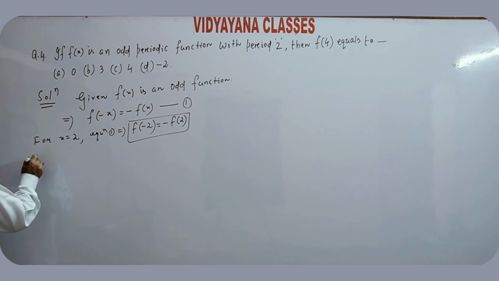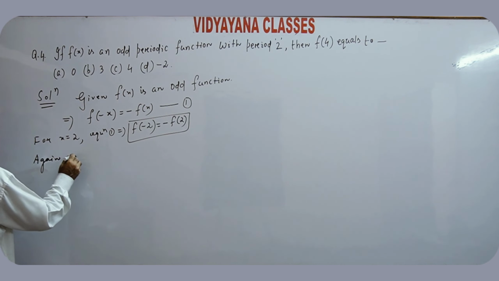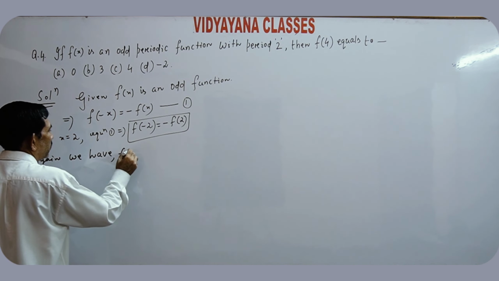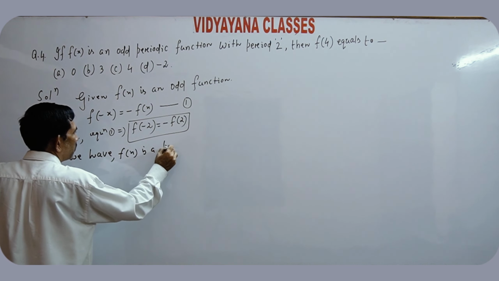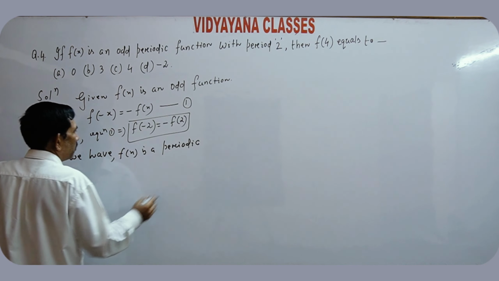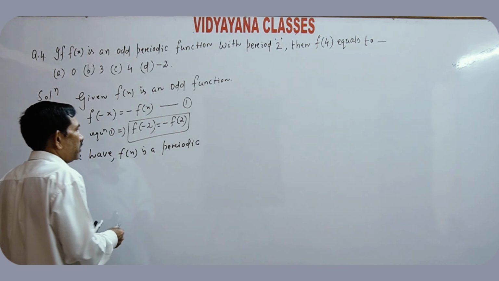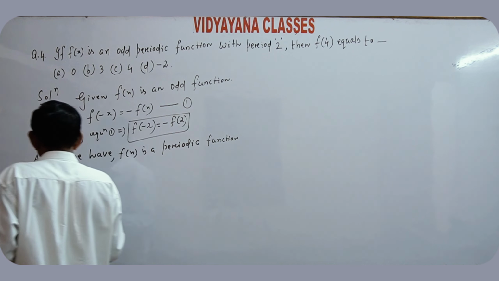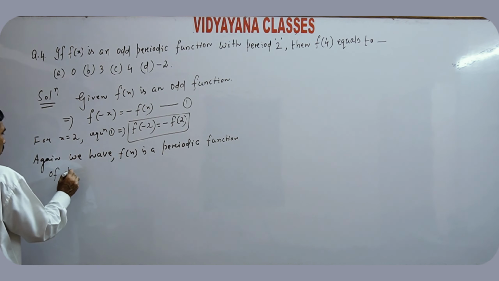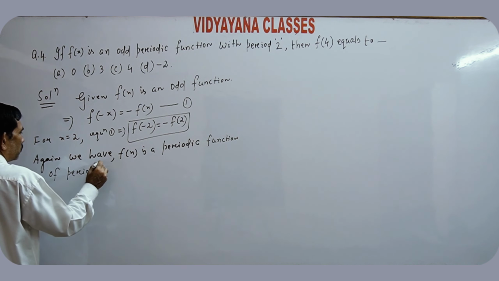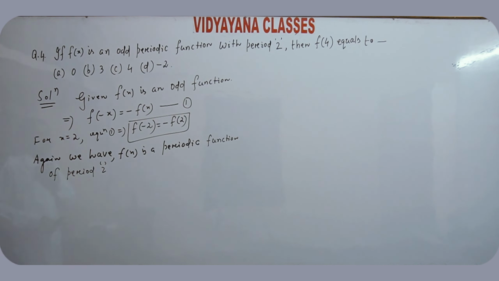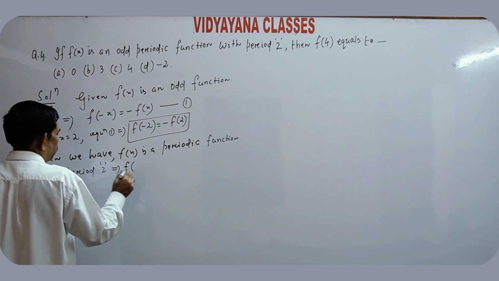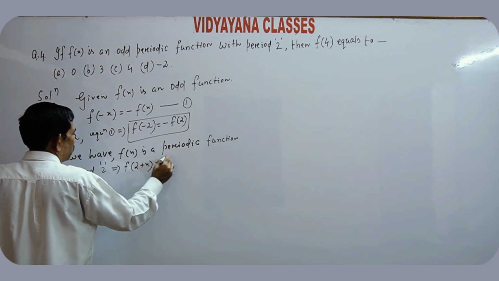Again we have f(x) is a periodic function of period 2, which implies f(2 plus x) is equal to f(x).